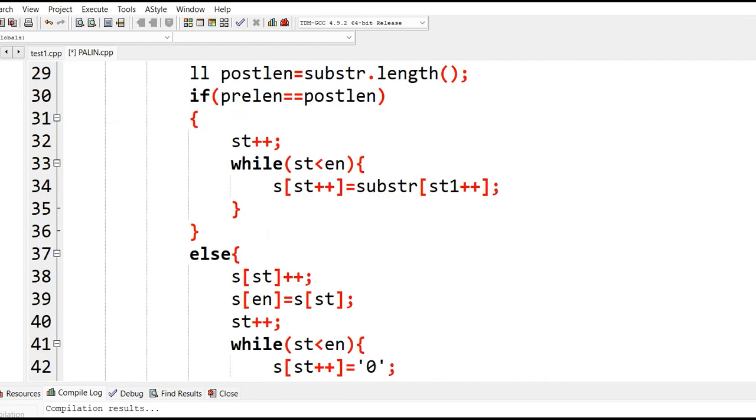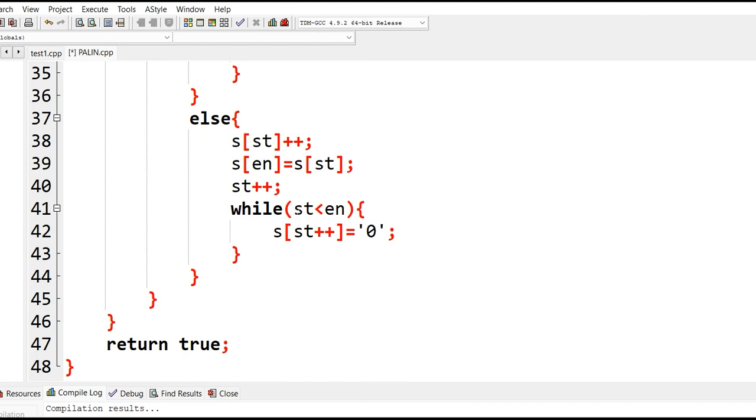Otherwise, we increment s of st by 1, and note that s of st was less than s of en, which means that s of st cannot be 9. So we just increment s of st and copy all the further positions from the substring, and we return a true, which means that the string has increased in its value.